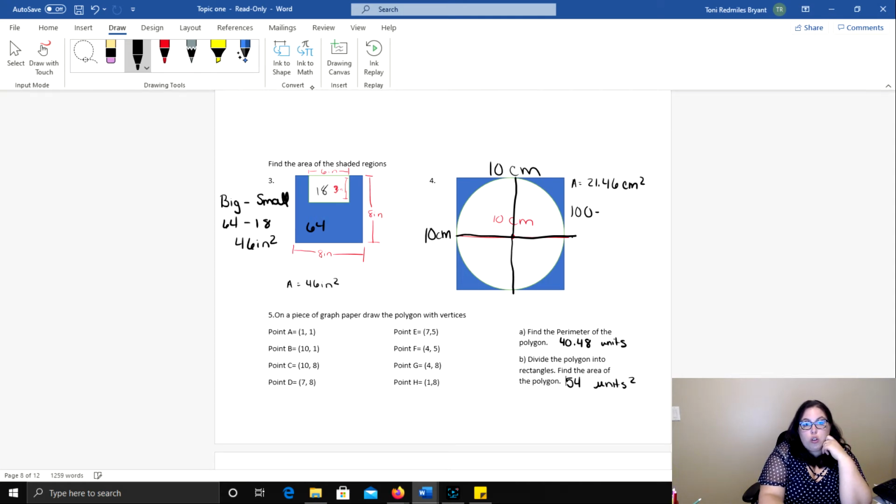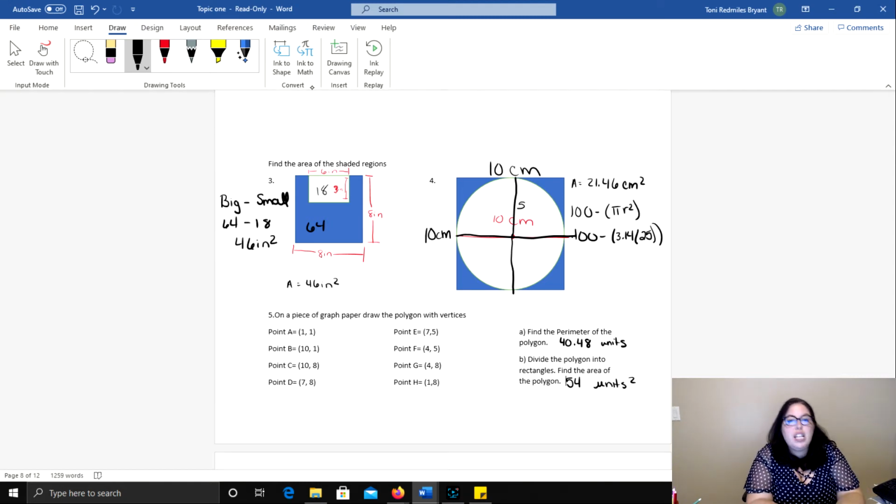But the circle's area is pi r squared. This time I'm going to use 3.14 so you can see the difference, times 5, the radius, squared, which is 25. I'm going to put that into my calculator, using 3.14 instead of pi. Oh, I forgot parentheses.